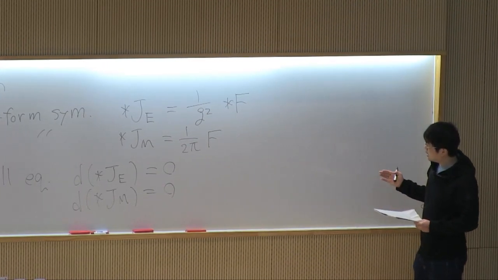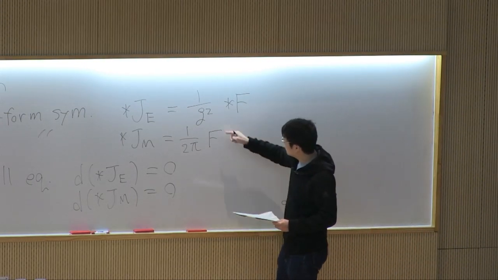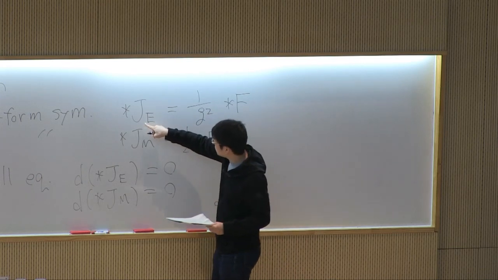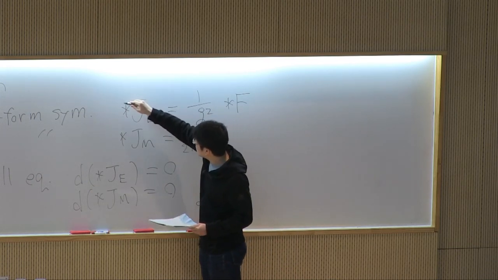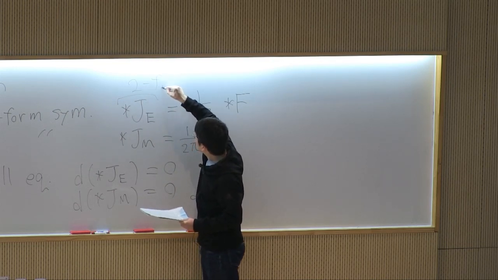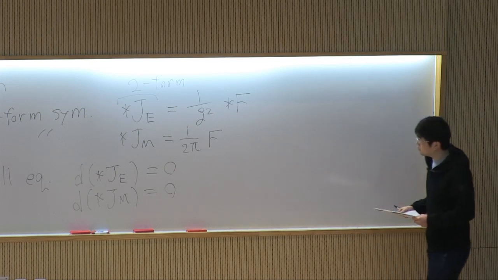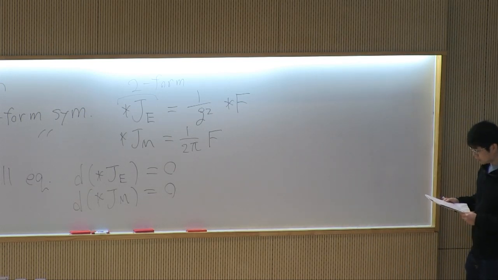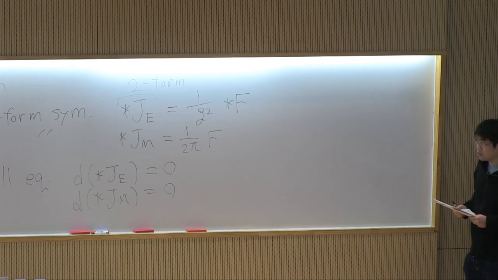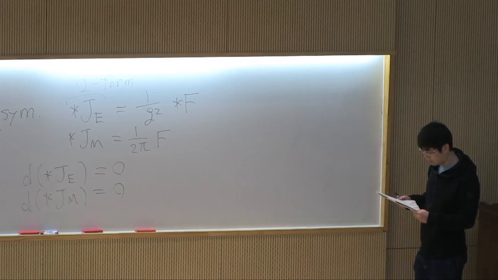Therefore, we have one-form symmetry, and this is one-form symmetry because these currents are two-forms. So it is very easy to see the existence of one-form symmetries in Maxwell field theory.